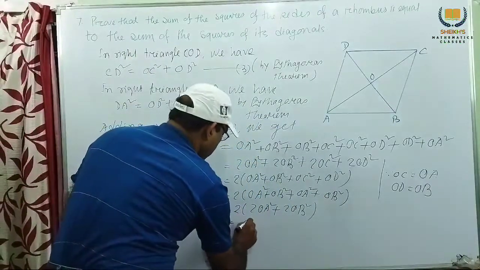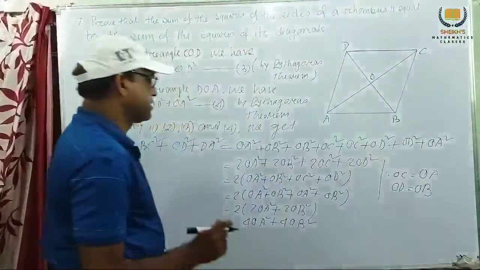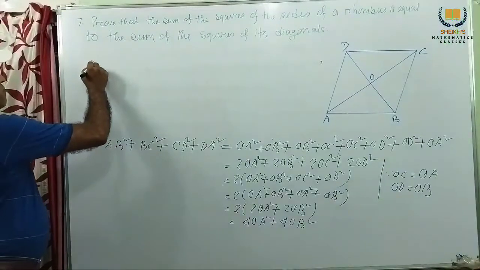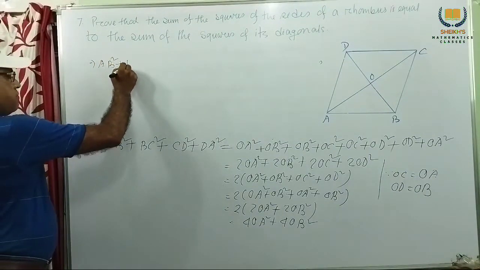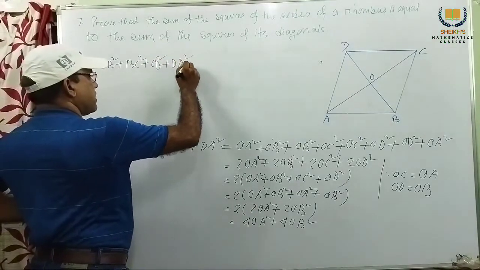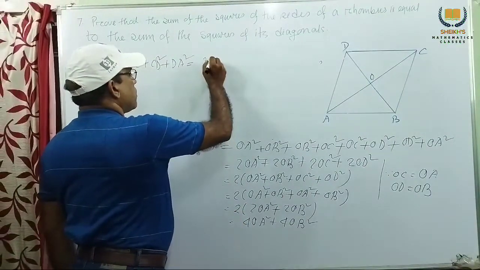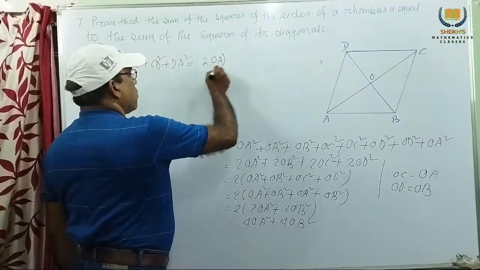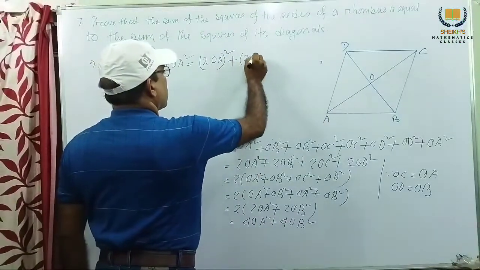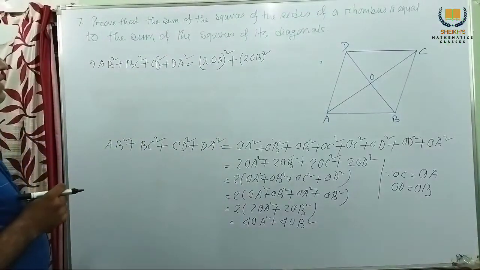So we get 4 OA square plus 4 OB square. So AB square plus BC square plus CD square plus DA square equal to 2 into OA whole square plus 2 into OB whole square.